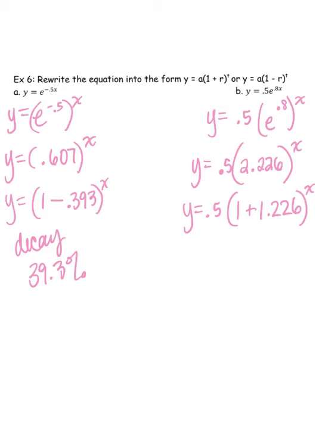This means that my growth rate as a percent is 122.6%. I move that decimal 2 places to the right, and that means it's getting bigger more than its initial amount every single year or day or hour or whatever your x value is in terms of. And there you go.